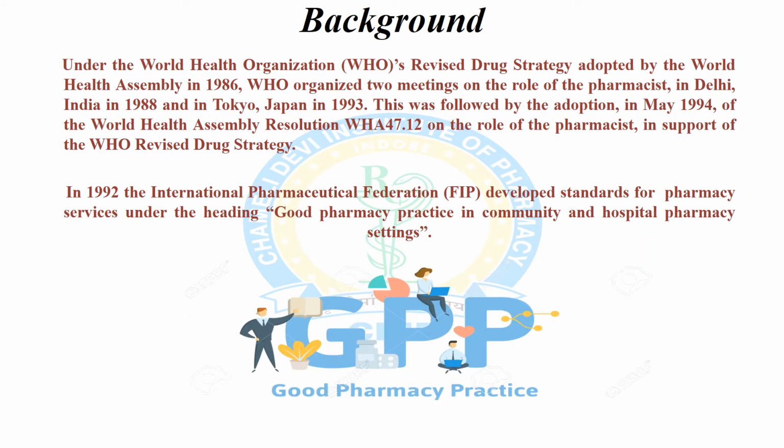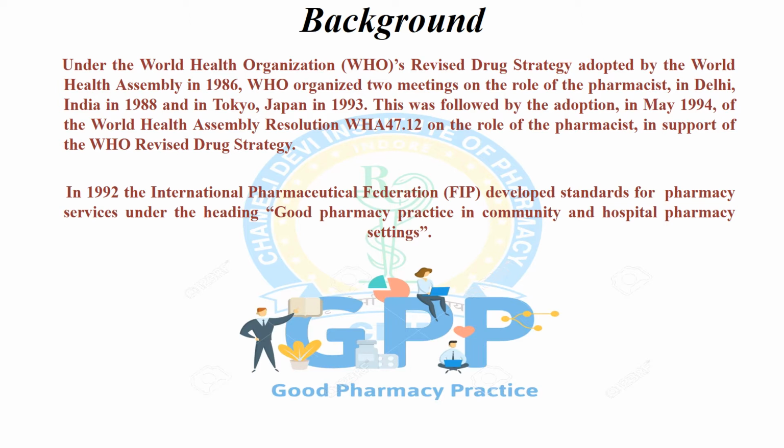So here is the background of good pharmacy practice, where it was developed. Under the World Health Organization's revised drug strategy adopted by the World Health Assembly in 1986, WHO organized two meetings on the role of pharmacists, in Delhi, India in 1988 and in Tokyo, Japan in 1993.